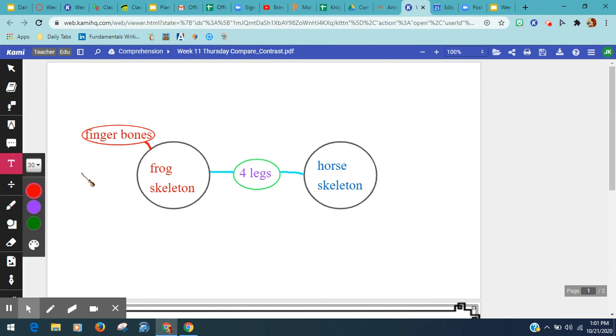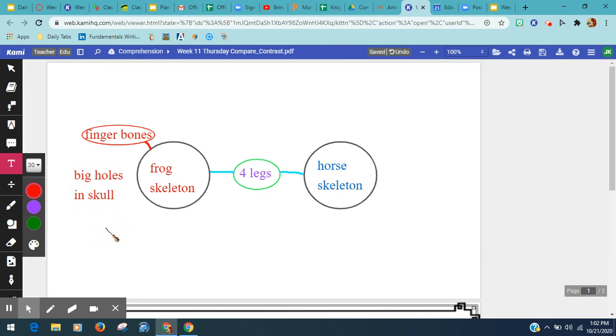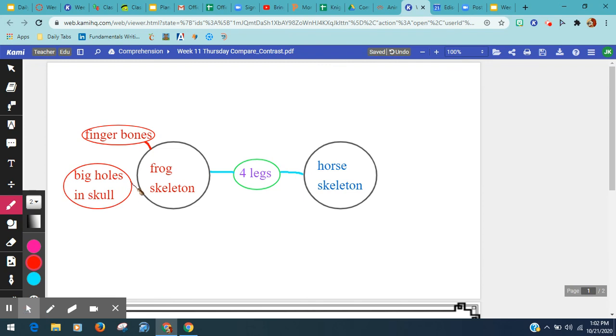So over here with the frog only, I'm going to write big holes in skull. And I'm not using complete sentences, and that's okay. Double bubbles are where we write our ideas, and I don't have to worry about complete sentences. I'm going to create a bubble around that, and I'm going to draw a line connecting that bubble to the frog only. And so far, we've got nothing connected to the horse other than the fact that it has 4 legs.